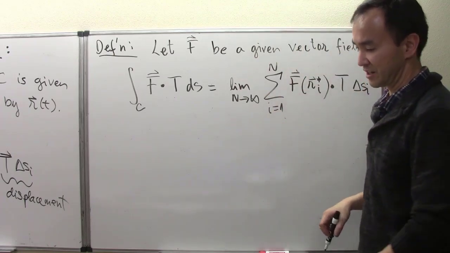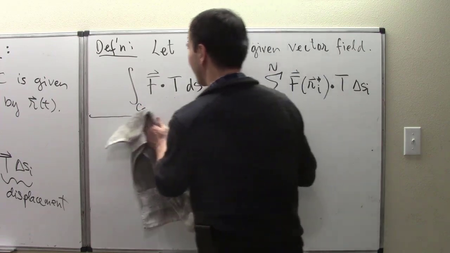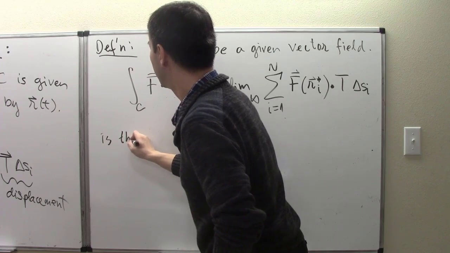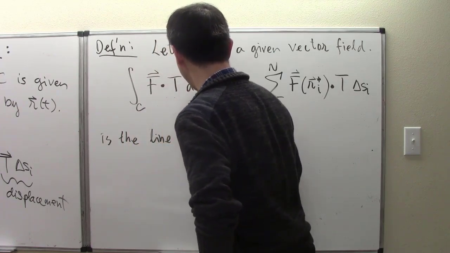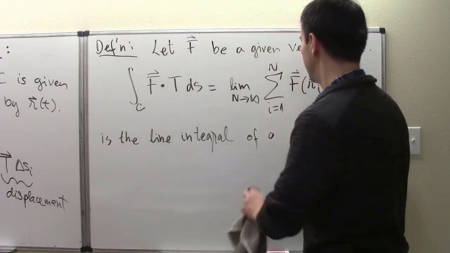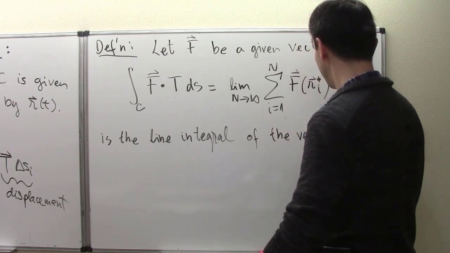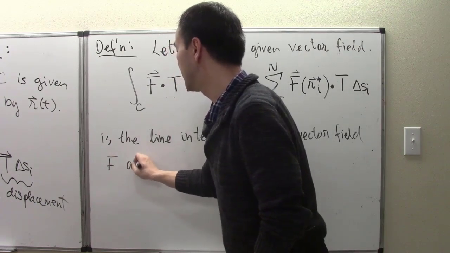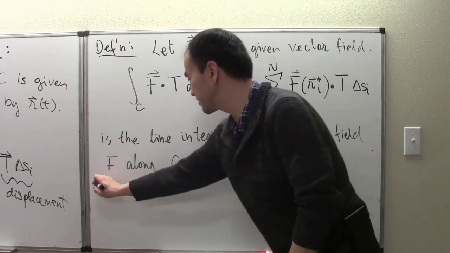And this is how we define our line integral. This one right here is the line integral of the vector field F along the parametrized curve C. That's a definition.